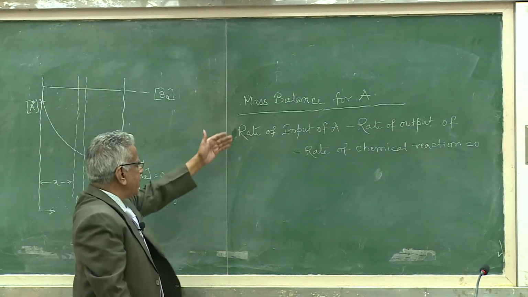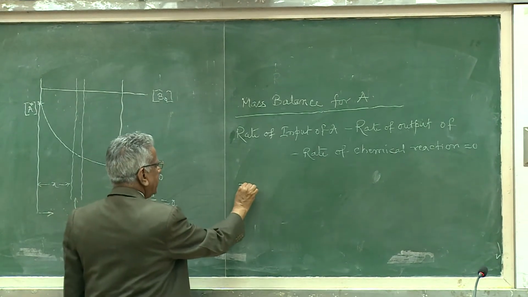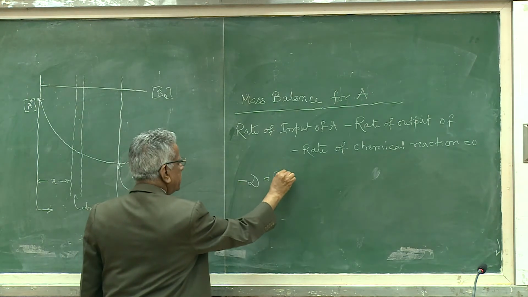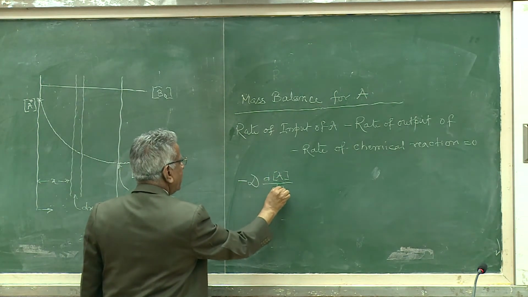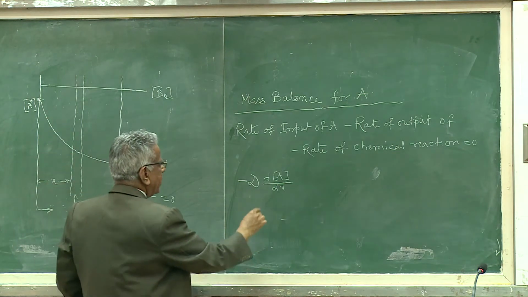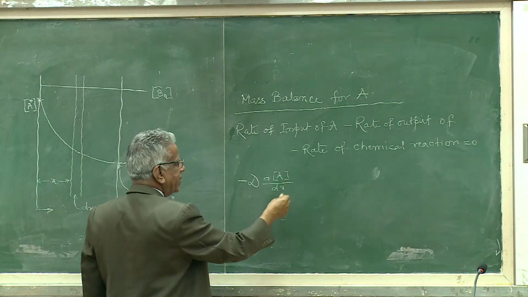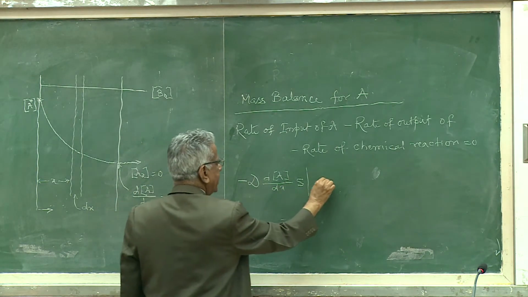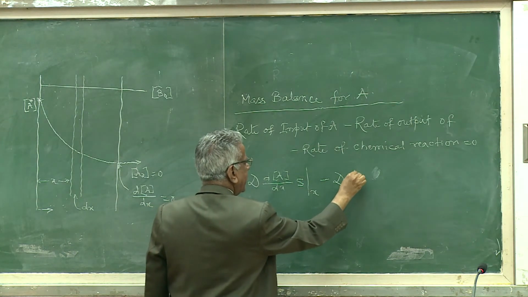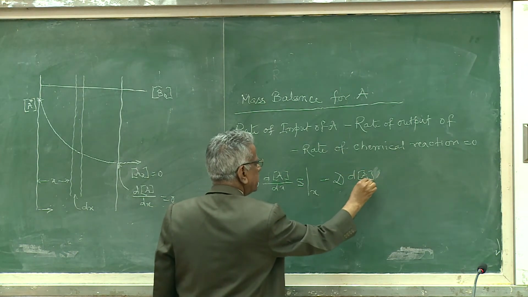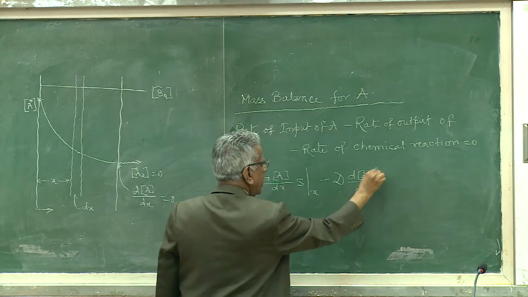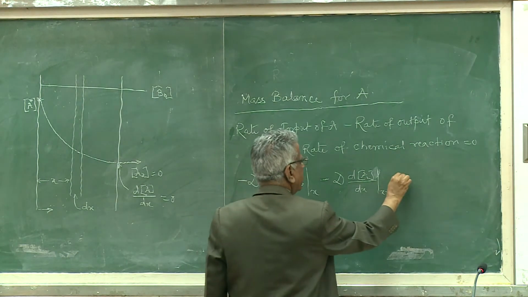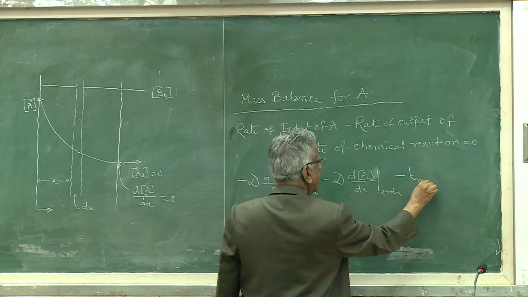So, what enters inside is the diffusivity into dA by dx. This is how we write the flux. So, multiplied by the cross section, which is, say I write S, at x, minus diffusivity dA by dx at x plus dx, minus chemical reaction Kmn.